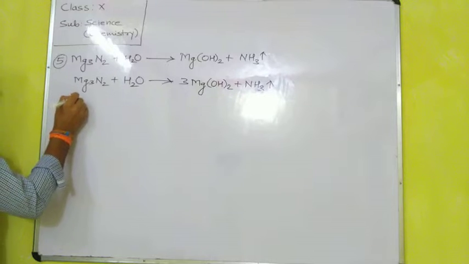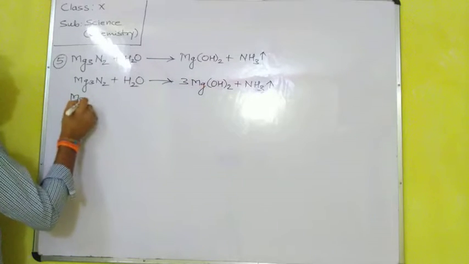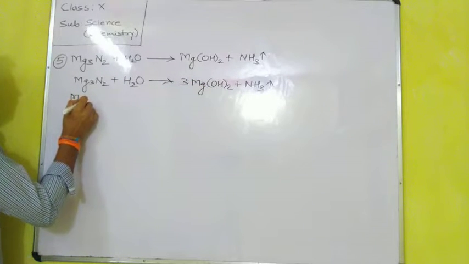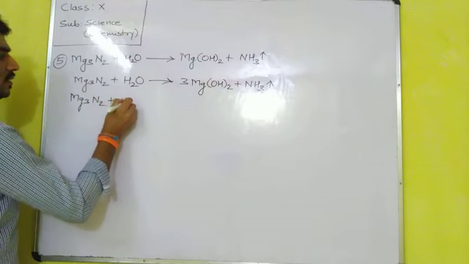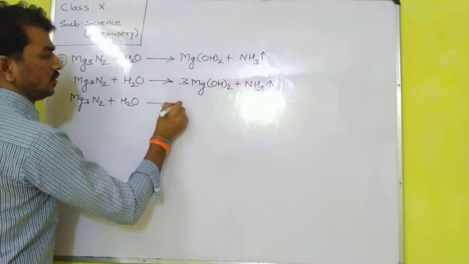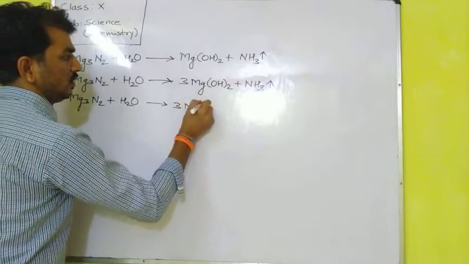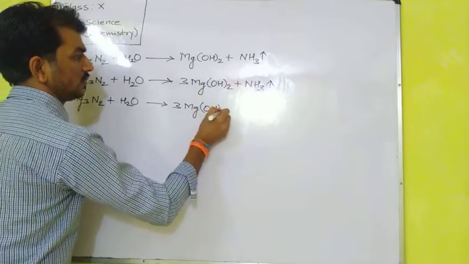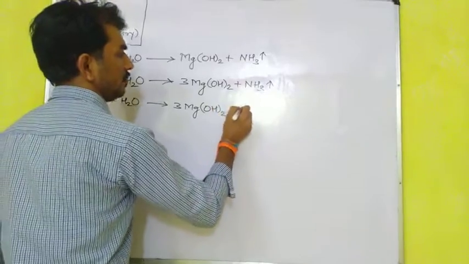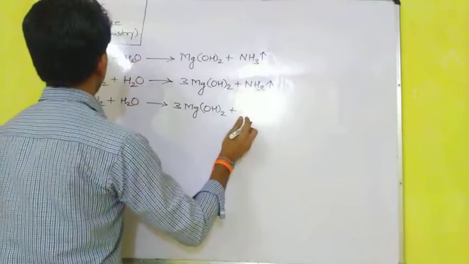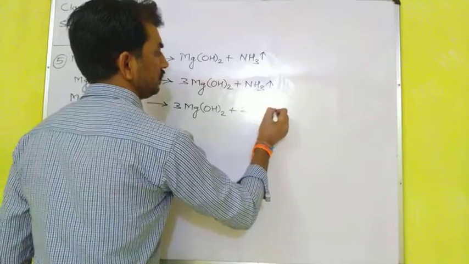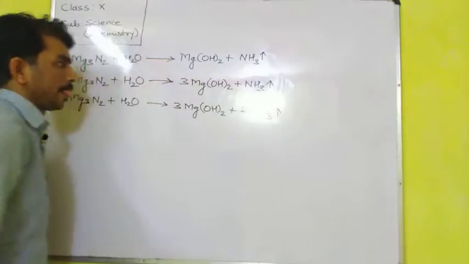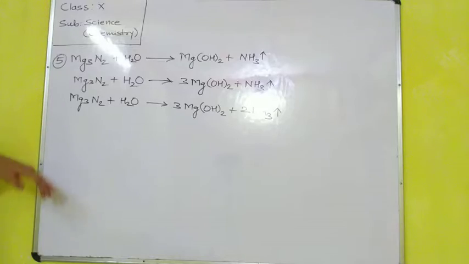So we have to multiply ammonia by 2. So Mg3N2 plus H2O is equal to 3Mg(OH) whole twice, magnesium hydroxide, plus we have to multiply it by 2, 2NH3.